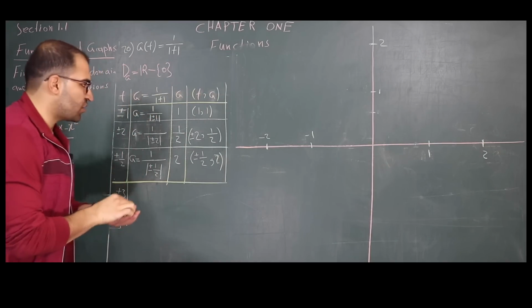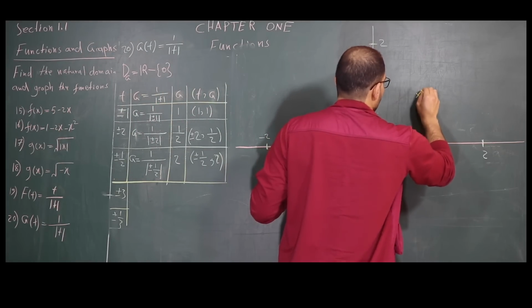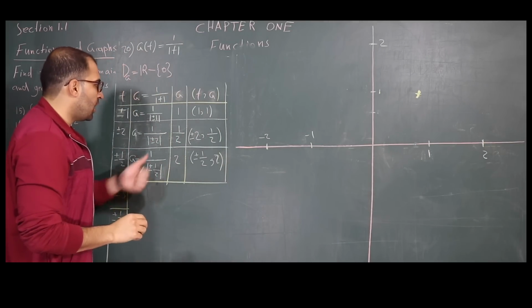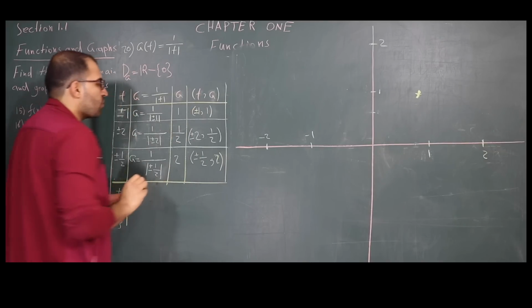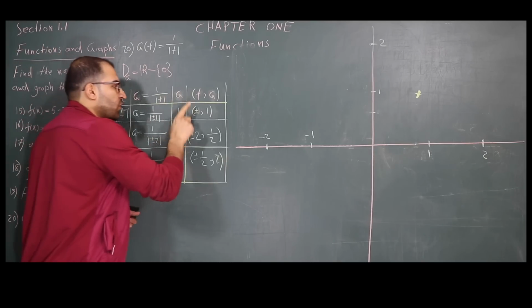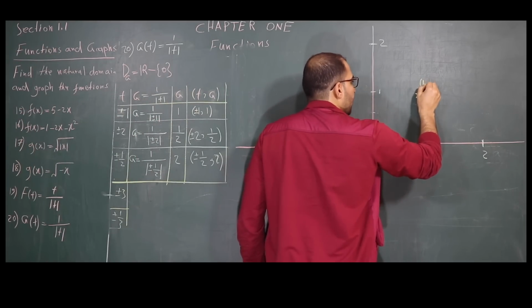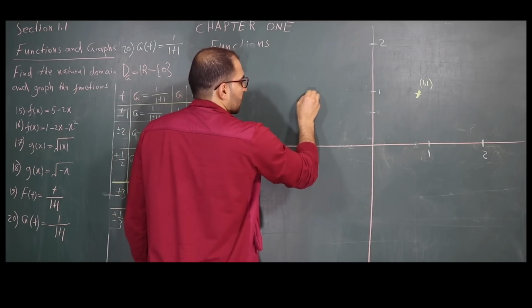The first point is just 1 by 1, which is here. Okay? No, this is a plus minus 1, which is 2 points. The first point is plus 1 and 1, and the second point is minus 1 and plus 1.